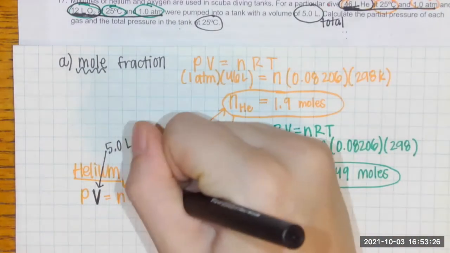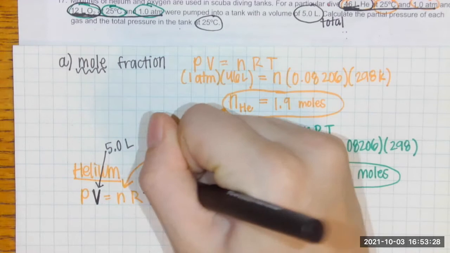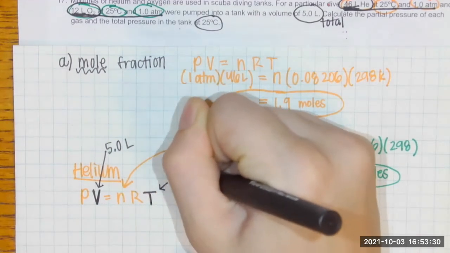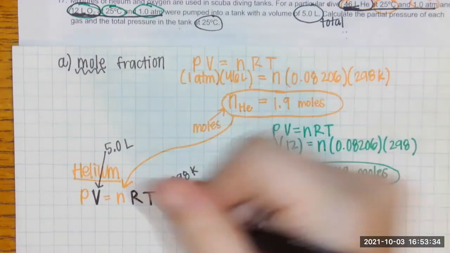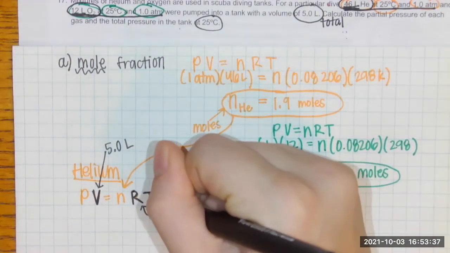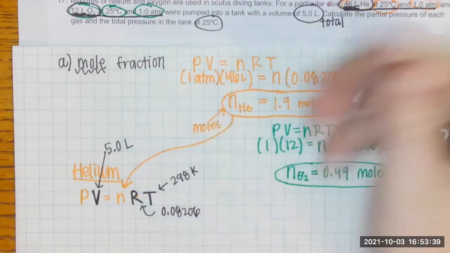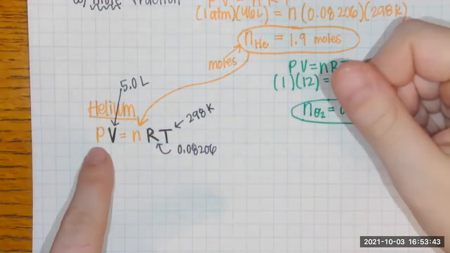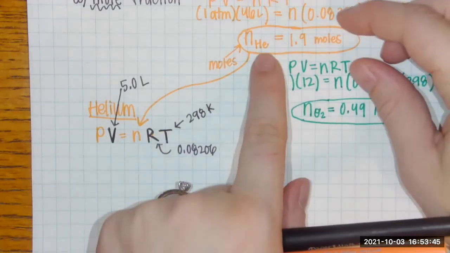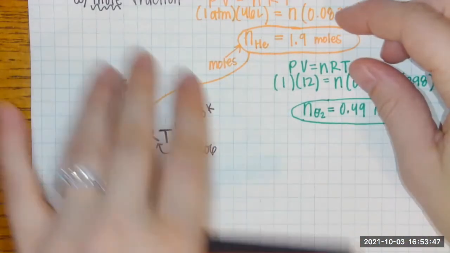So that's going to stay at 298 Kelvin. And R is always 0.08206 for these calculations. So I'm trying to see what pressure this amount of helium puts on the new tank.